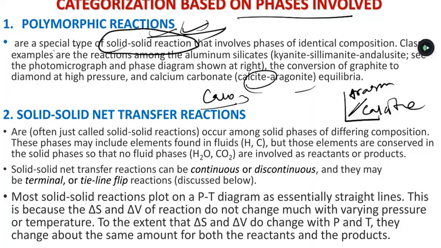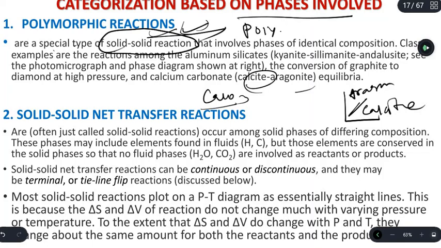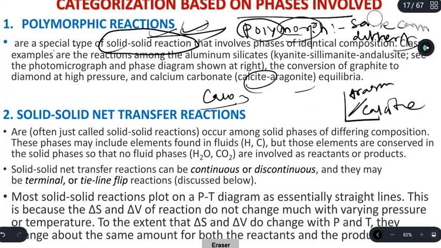Simply says, and involve the phases of identical composition. What do you mean by polymorph? Polymorph, same composition but different structure, right? Structure. So it involves the phases of the identical composition.